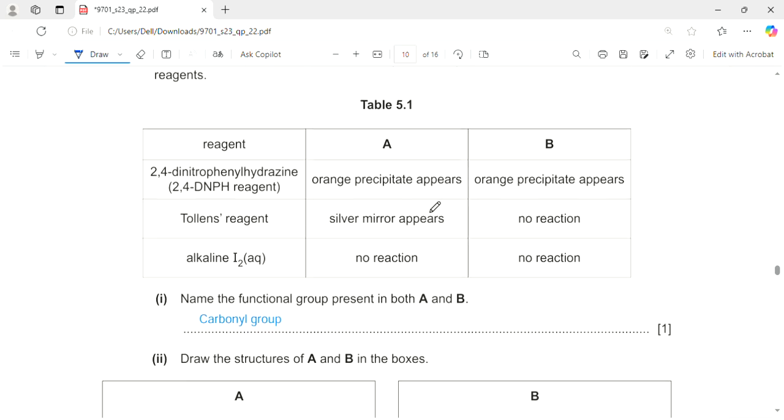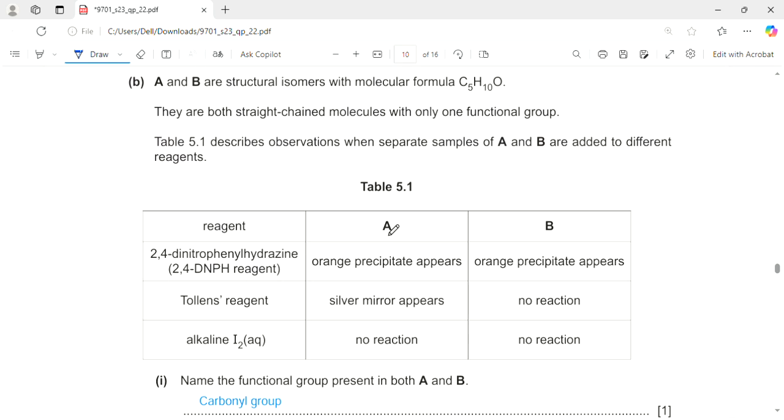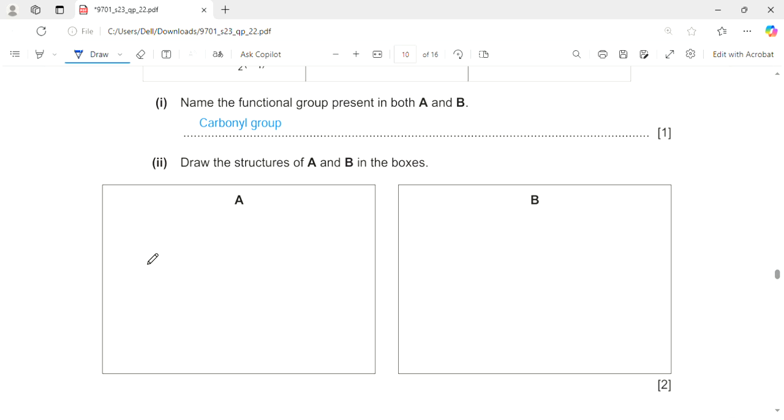So we have 5 carbons, 10 hydrogens, and one O, which is a carbonyl group. So I should draw it. We just put the carbonyl group here.